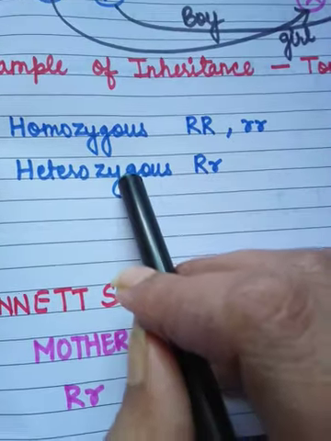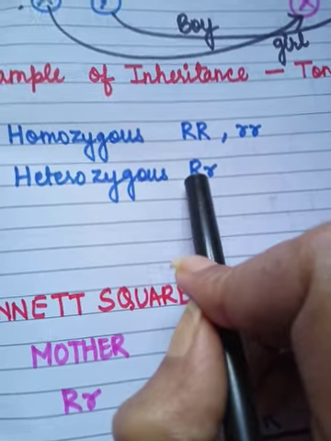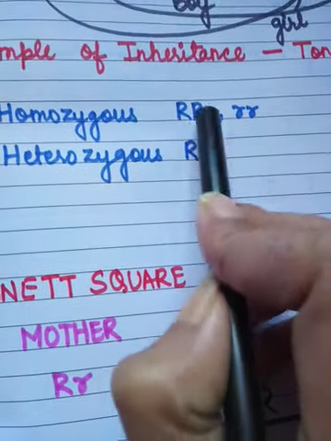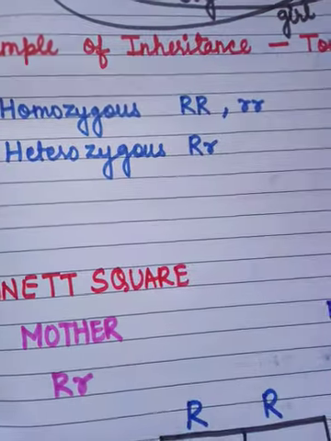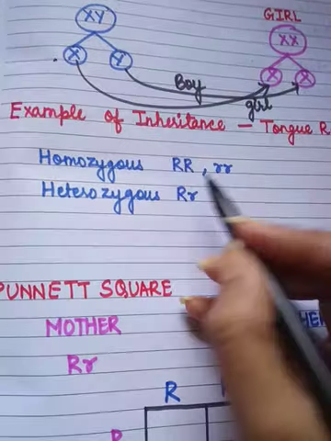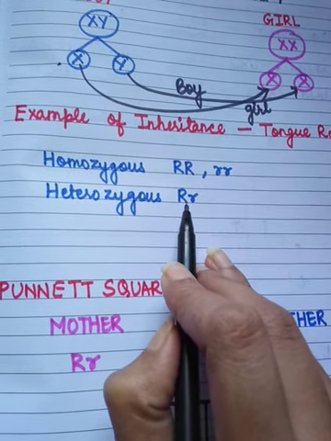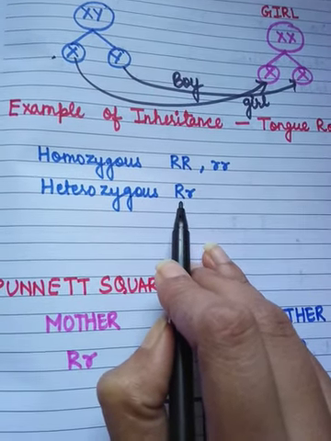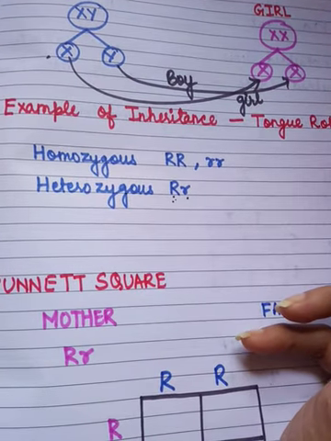Thus, for the phenotype of tongue rolling, there are two kinds of genotypes present. One is homozygous dominant, that is this one. Another one is heterozygous, or the dissimilar allele, that is capital R and small r, which we are representing.